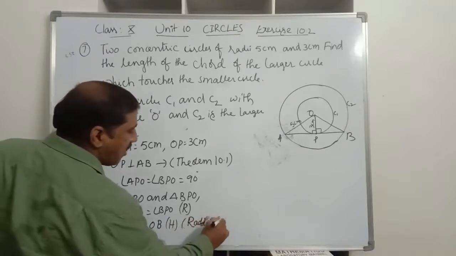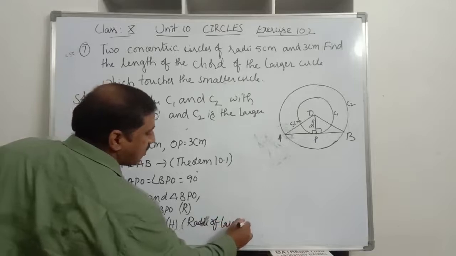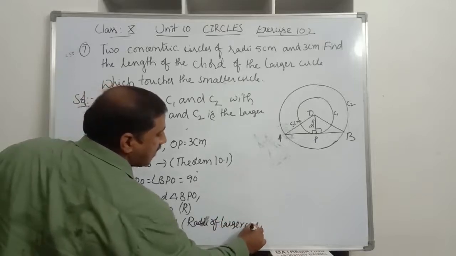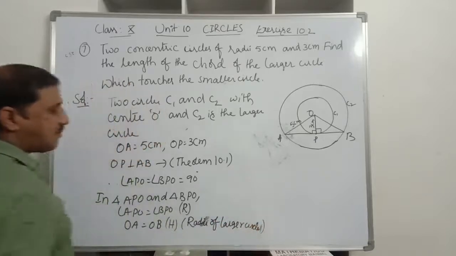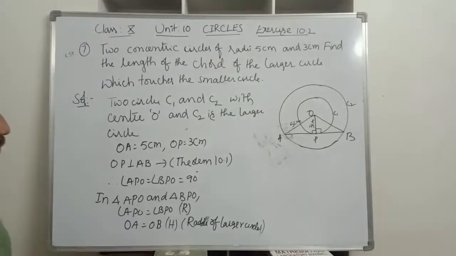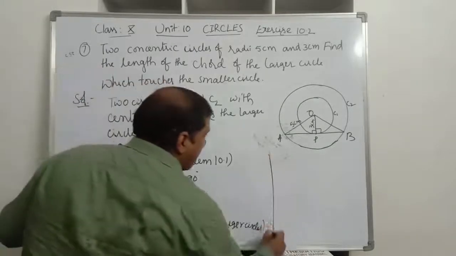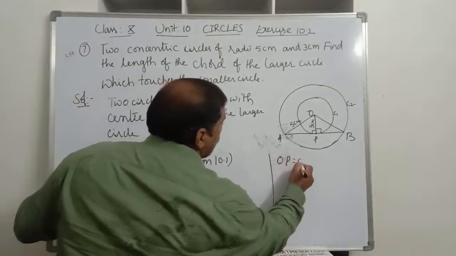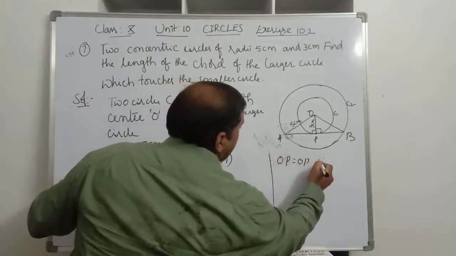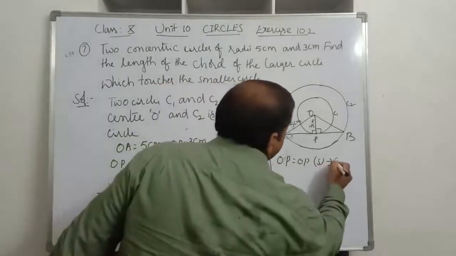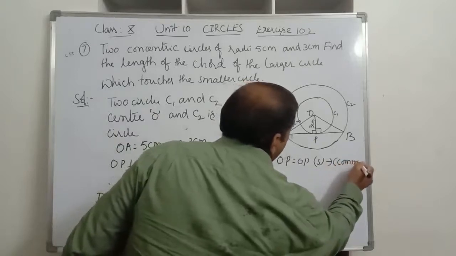We know radius is the singular form and radii is the plural form. And the other one, OP is equal to OP, that is the common side.